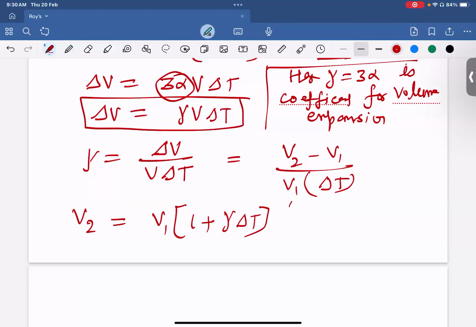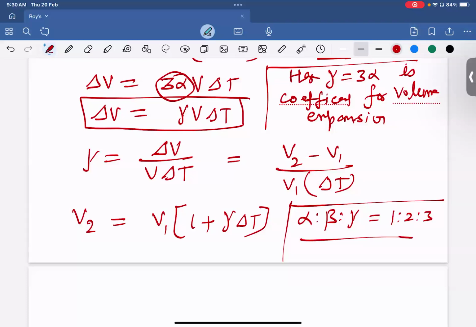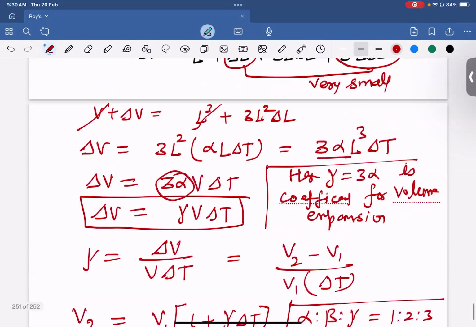So if you need to write the ratio, alpha ratio beta ratio gamma is always 1 ratio 2 ratio 3. Understood, Neil? Yes, sir. Understood.